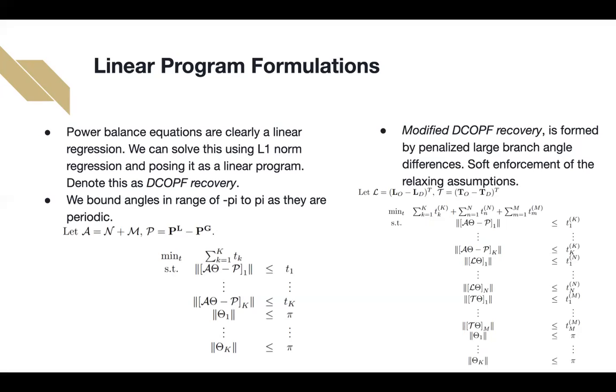And so we can do a soft enforcement of this relaxing assumption by penalizing the voltage angle differences. Since they are linear, we're already finding them in these earlier derivations of our matrices, we can simply penalize those terms as well using the same L1 regression.